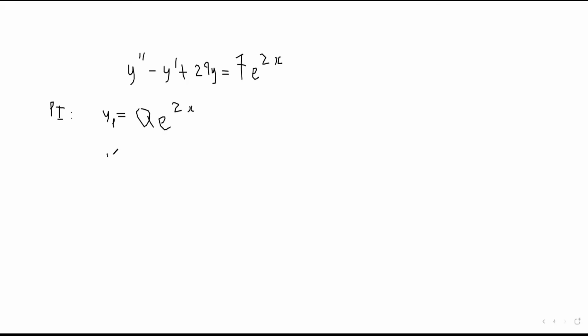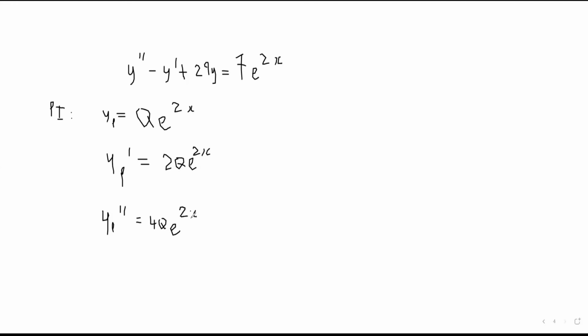Then our yp prime is going to be the derivative of this, which is 2q e to the 2x. Then we find our second derivative, yp double prime, which is 4q times e to the 2x.